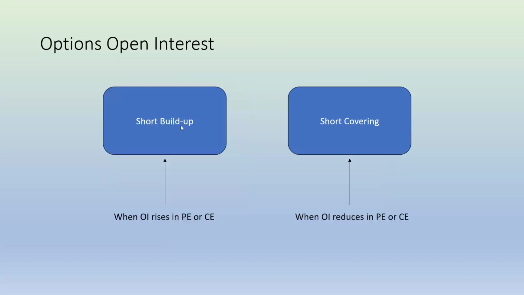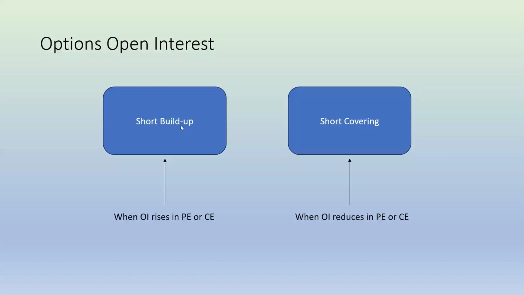So in options open interest, there are only two steps. One is short build-up and short covering. What is short build-up? Whenever open interest in options, जब हम बोलते हैं कि open interest is getting added, we mean that writers are writing the particular strike.